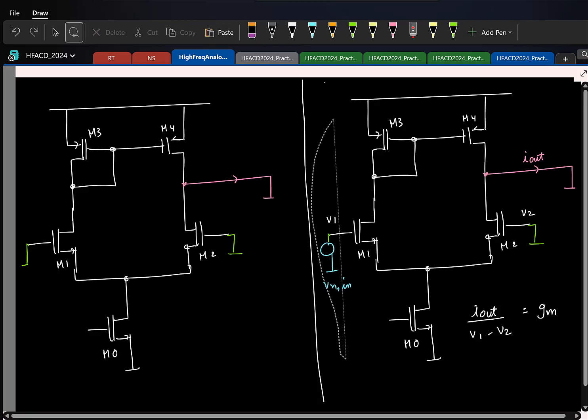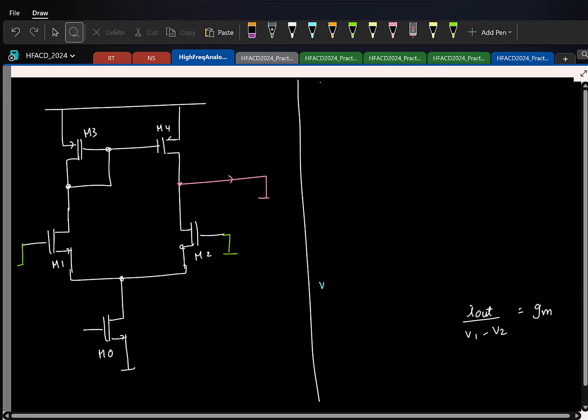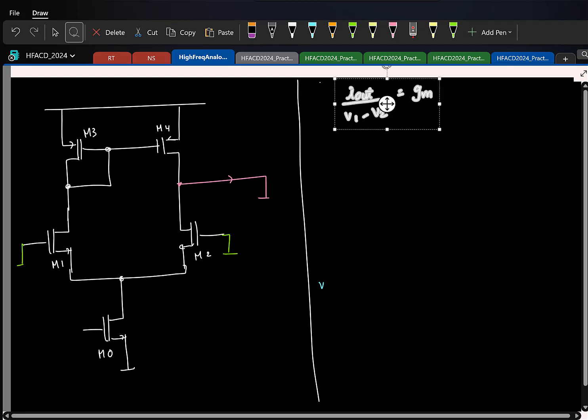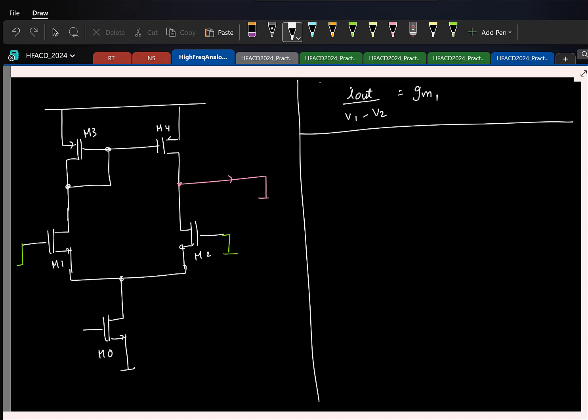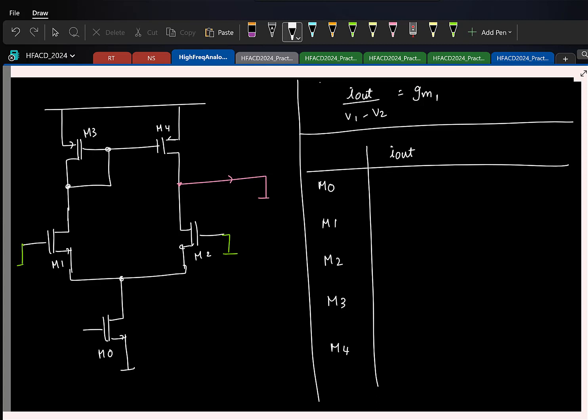So let me erase this. So this is something we know already. This is GM1. Okay. So now we have 5 transistors, so we'll have contributions from all 5 of them. So let's first find the short circuit noise current I out, and once that is found out, the input referred noise is basically I out by GM1.